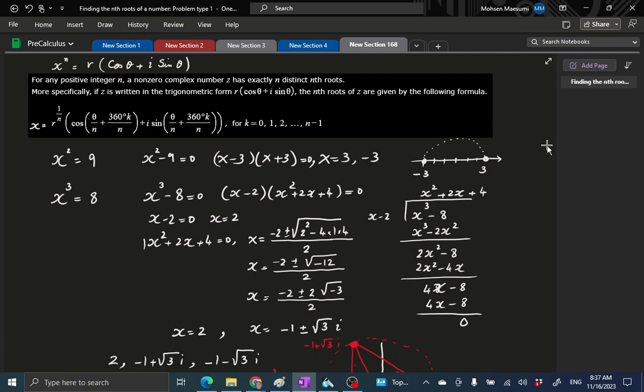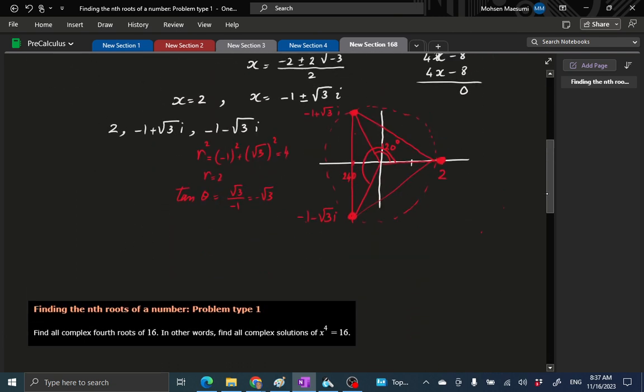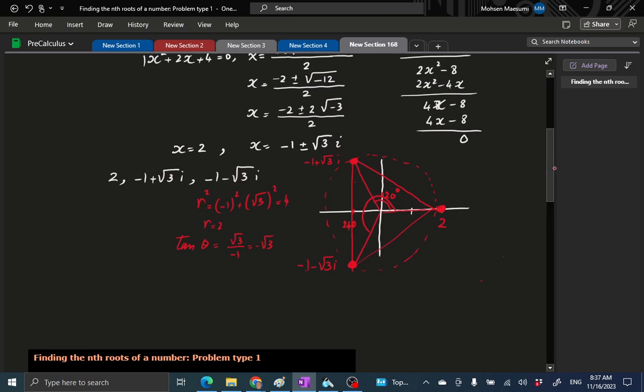Let's try it one more time before we go to actual problems here. Suppose I have x to the power of 4 equal to 16. Well, I can write this as x to the power of 4 minus 16 equal to 0. I can factor it as x squared minus 4 times x squared plus 4 equal to 0.